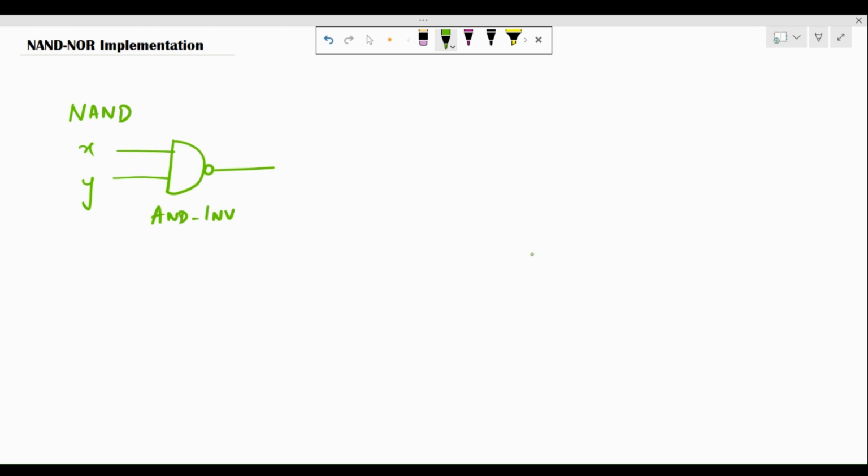Now, if I apply De Morgan's law, it says that this is going to be this, right? So x dot y, the whole bar, is x bar plus y bar, wherein this plus represents the OR logical operator.